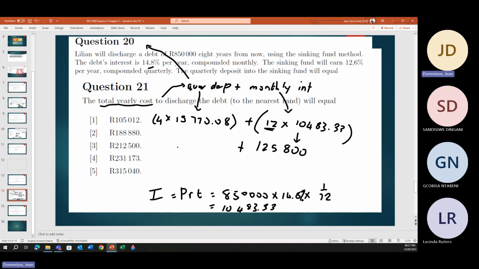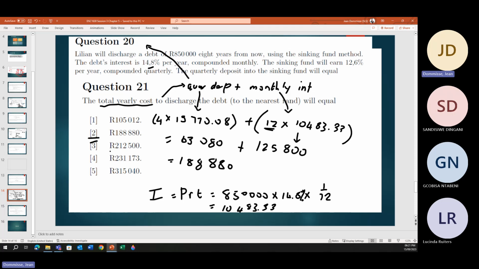So that was 15,770.08 times 4, which is 63,080. So if we add the 63,080 plus 125,800, we will get 188,880, which is option 2.